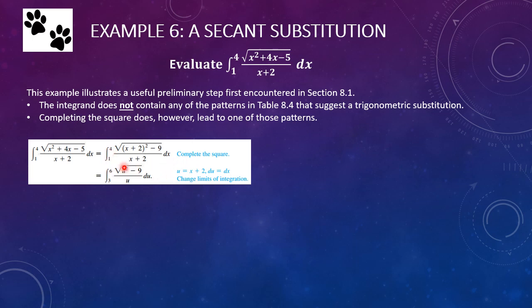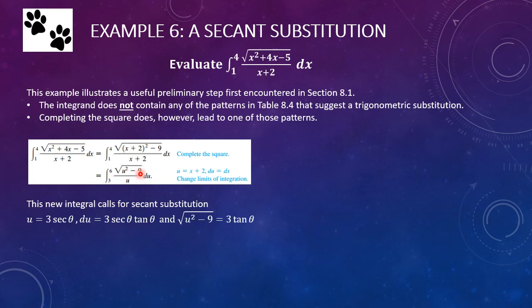If x equals 1, then u, which equals x plus 2, would equal 3. 2 plus 1 is 3. And so in this problem, we're not going to keep going back. In fact, as we go through multiple levels of substitution, it could get a bit hairy trying to go back from theta all the way back to x. So here we're going to follow through with changing our limits of integration.